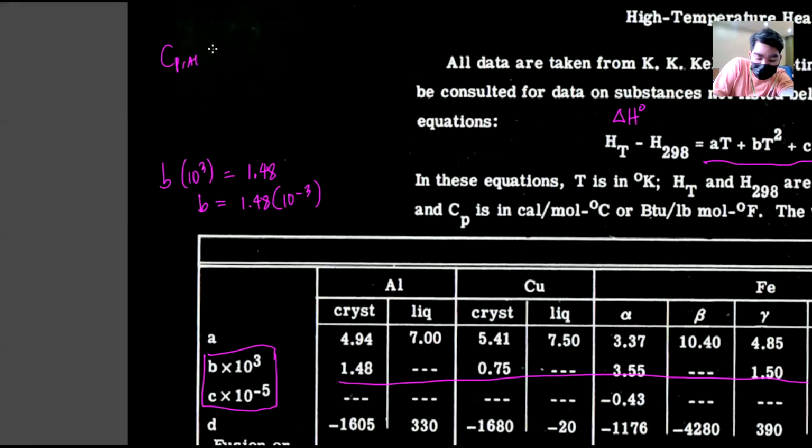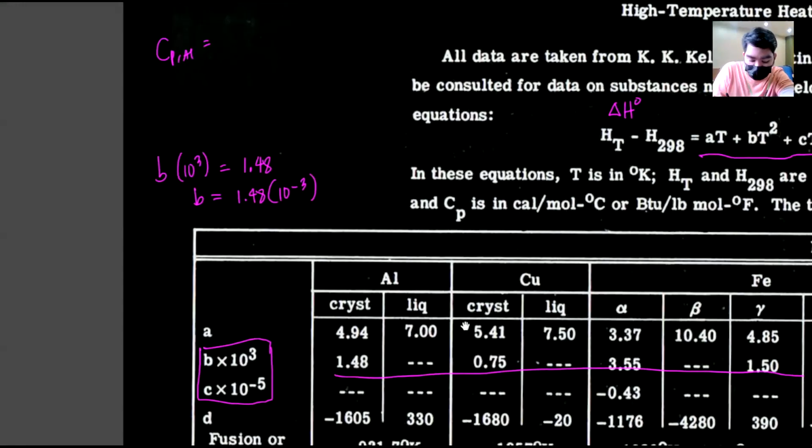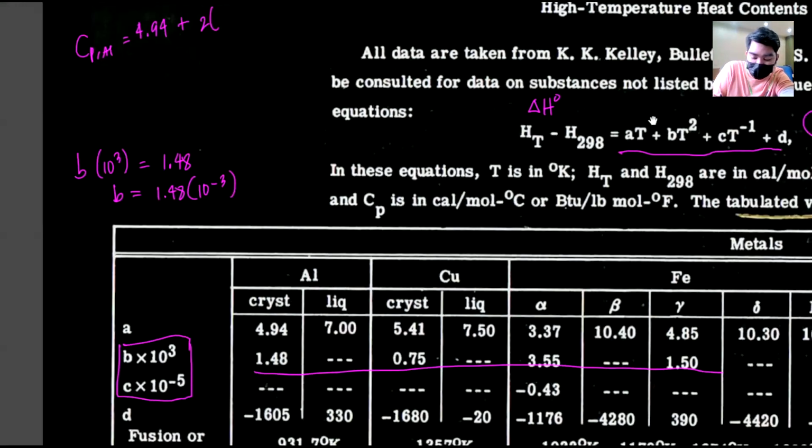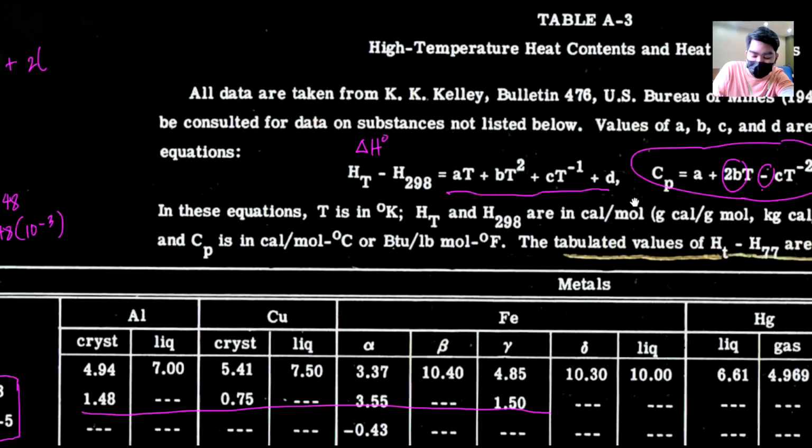So let's write CP ng aluminum. This becomes A is equal to just 4.94. Tapos B times 10 to the 3 is equal to 1.48. Therefore, B is equal to 1.48 times 10 to the negative 3. Pero meron pang 2 because that's how Schumann has formatted his table.